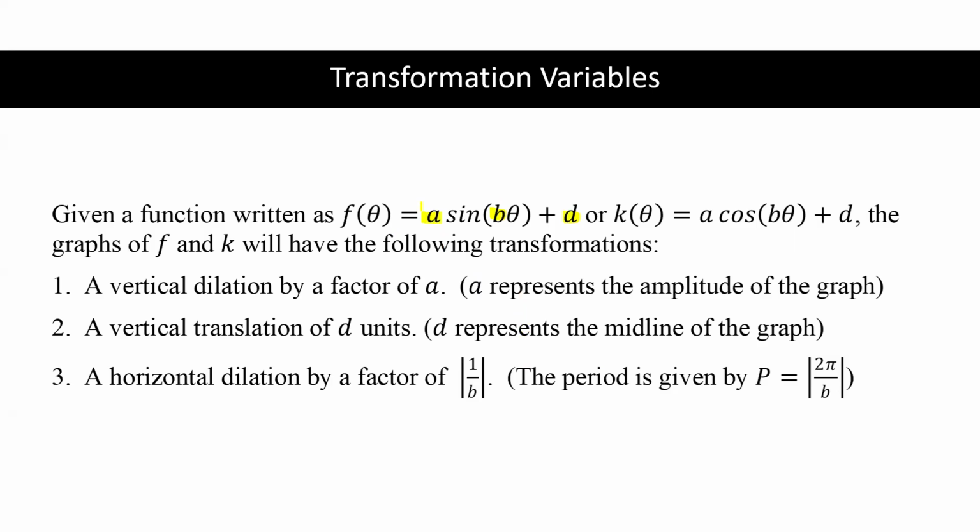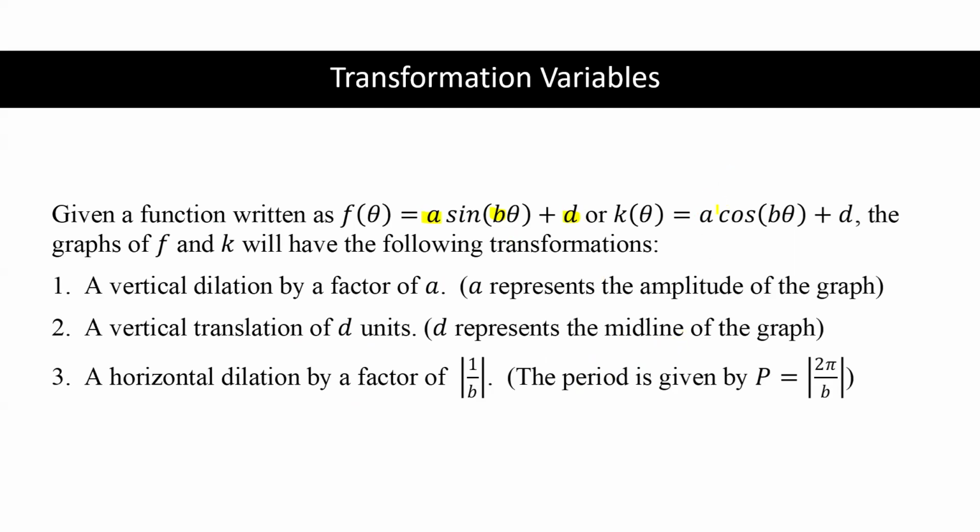A describes our vertical dilation, aka our amplitude. Your B describes your horizontal dilation, aka our period, and your D describes your vertical translation, aka the midline.